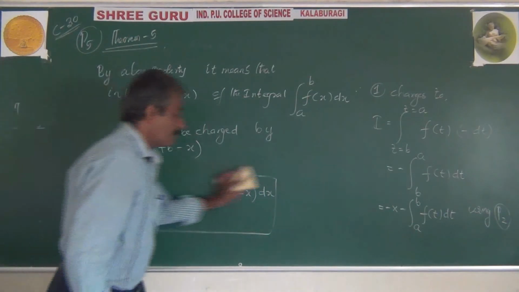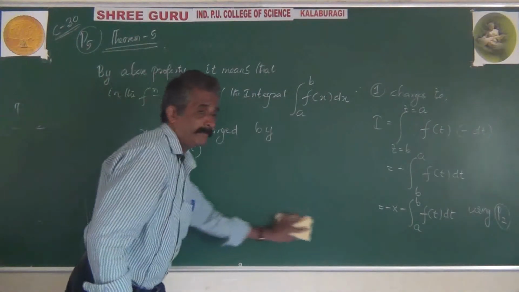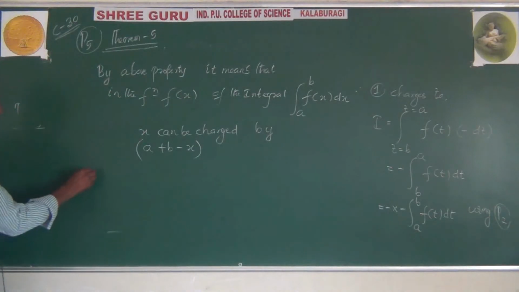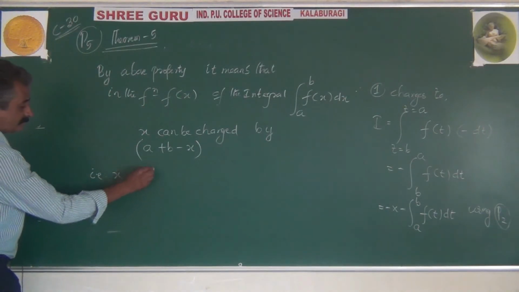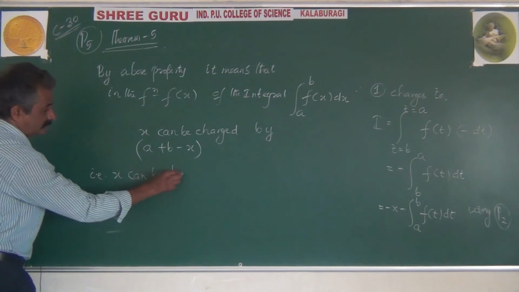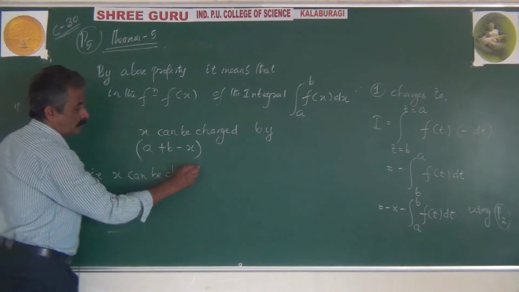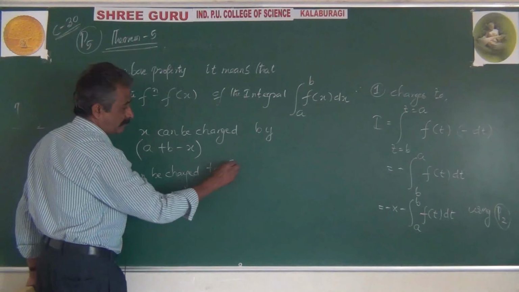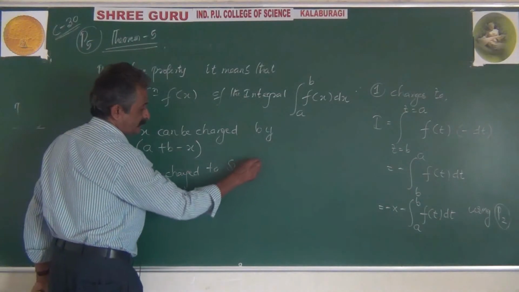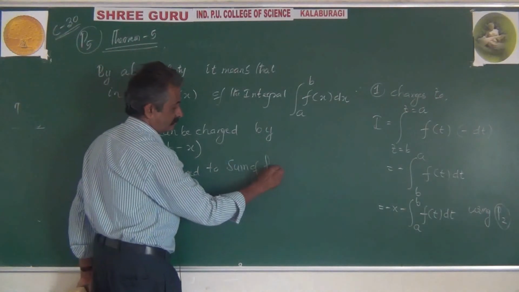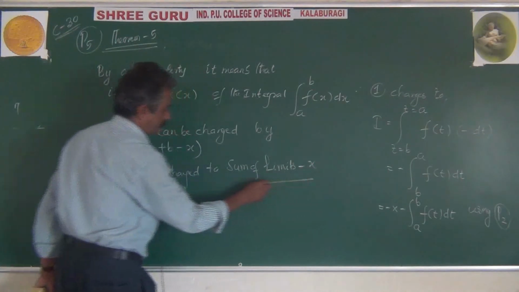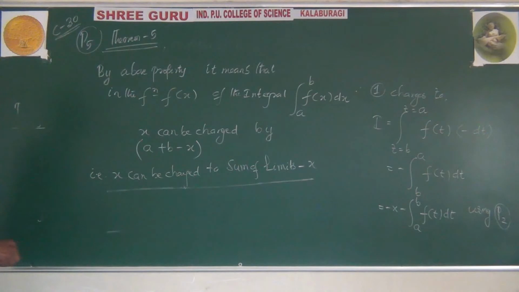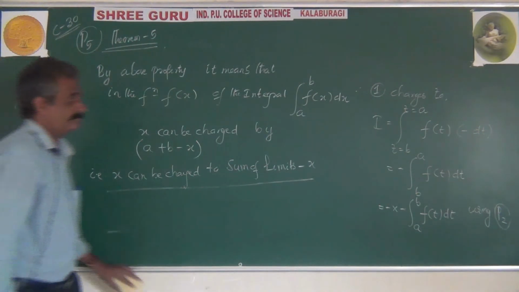But what is a plus b? Sum of limits. That is, x can be changed to sum of limits minus x. That's the meaning of this property.